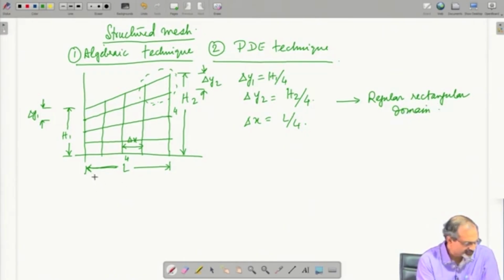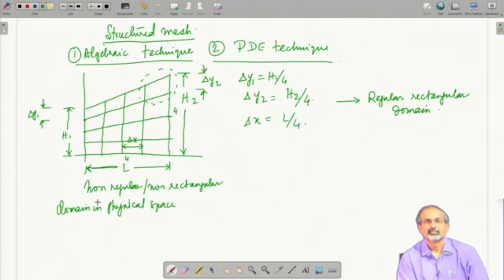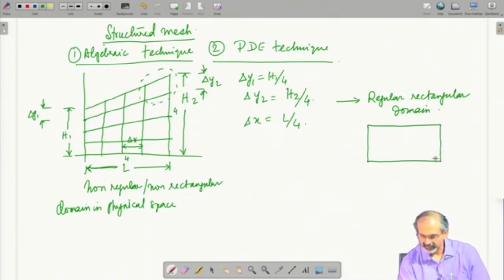So, this is a non-regular or non-rectangular domain in physical space, and we want it to be transformed to a regular rectangular domain in a transformed space.